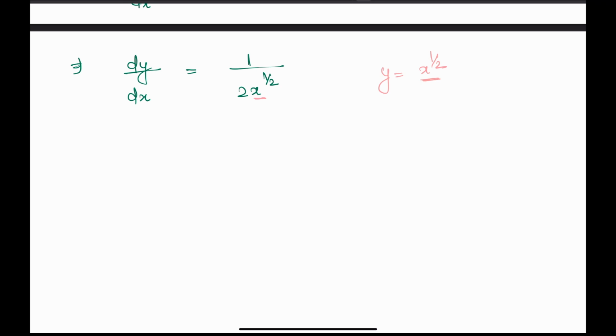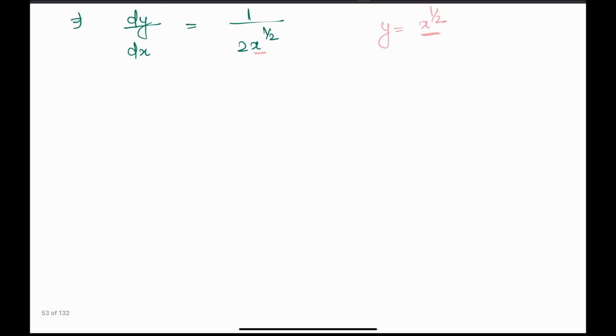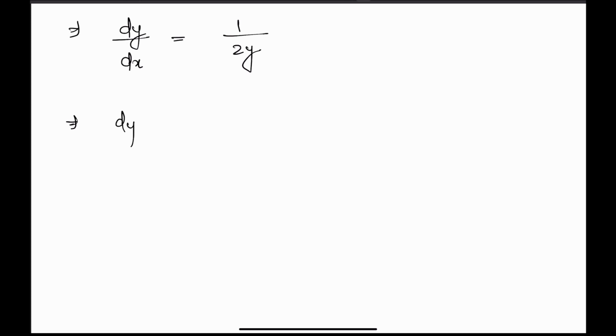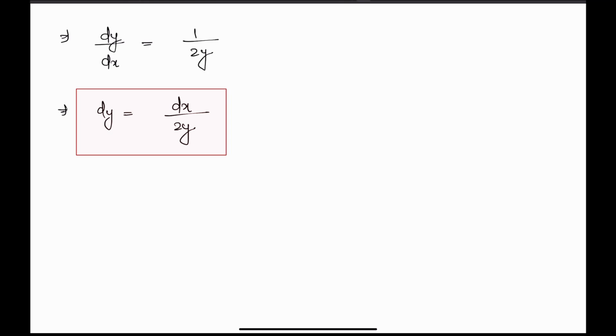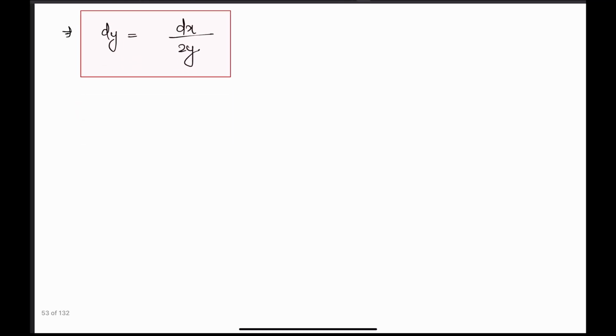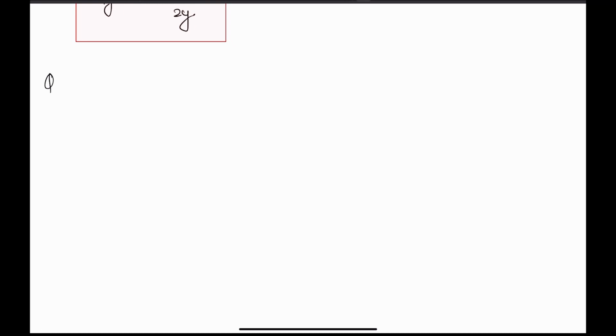So we can replace this value with y, and it becomes dy by dx equal to 1 by 2y, and then dy equal to dx upon 2y. The same approach which we used in the last question will be used here to calculate this dy term. Let's understand it with the question.